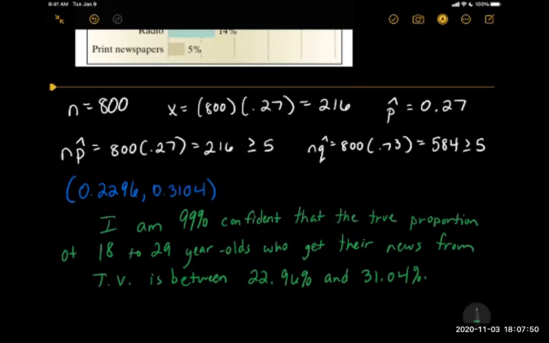And I'm just going to go ahead and give you the formula here. The number of people, n, equals p hat times q hat times the critical value over E, the margin of error, squared.